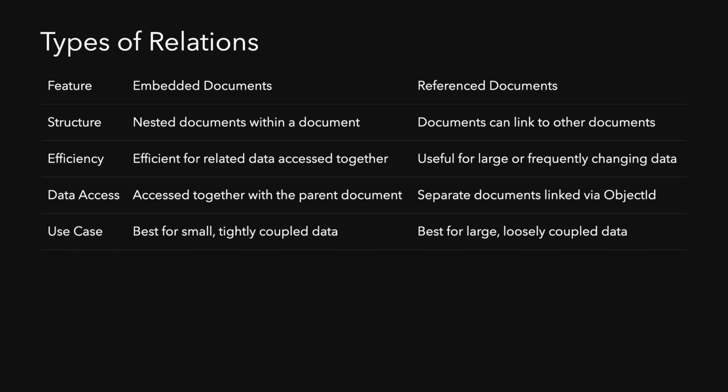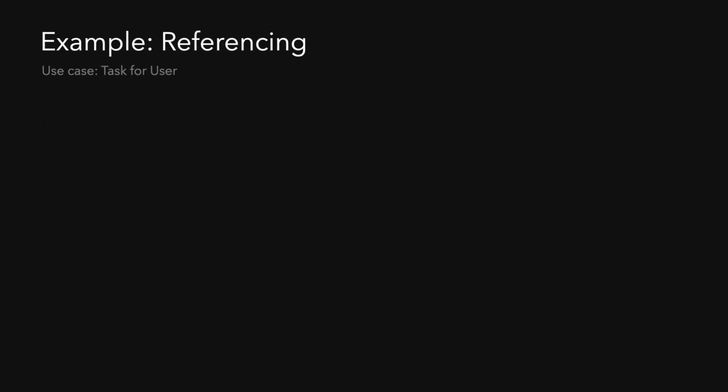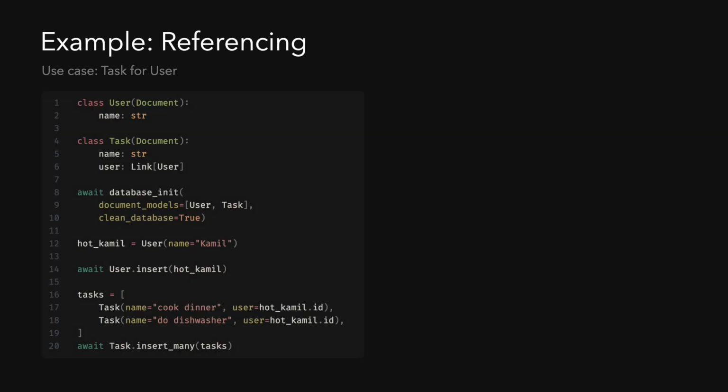Okay, now I will show you some examples. For referencing, we'll start from this side. The use case is tasks for a user. For example, we have a user and we have tasks, and of course we need to add it to the database init, add the document models, and when we run it, we add Kamil, of course, and we will insert this user, and we use this Kamil ID in our task.